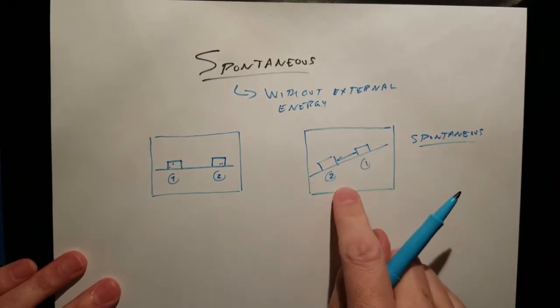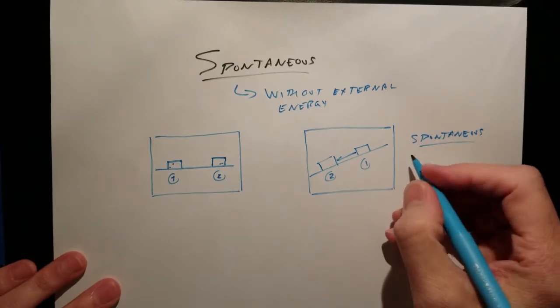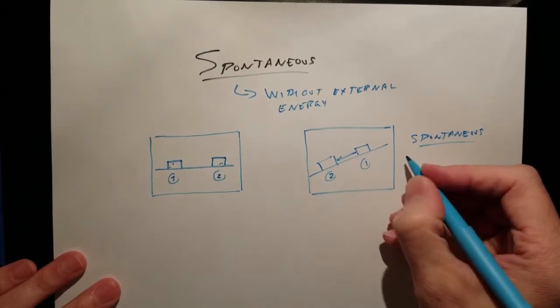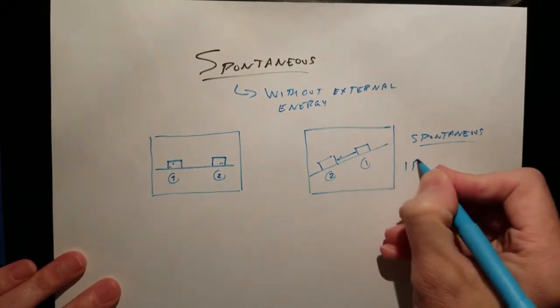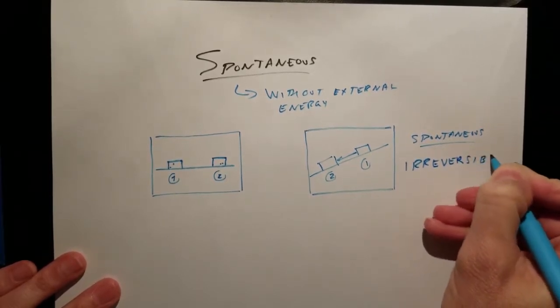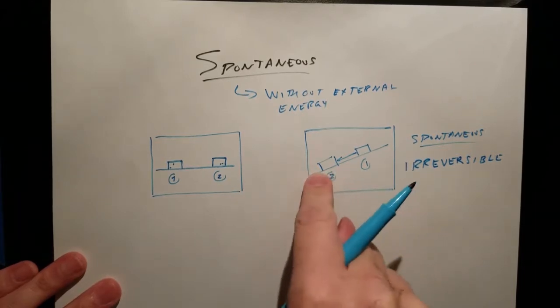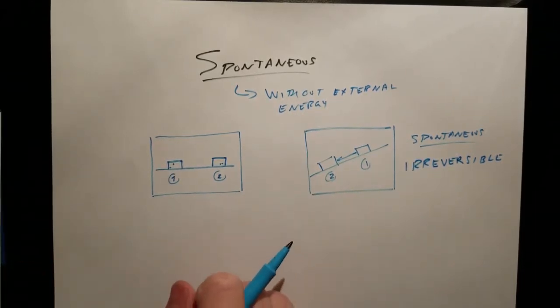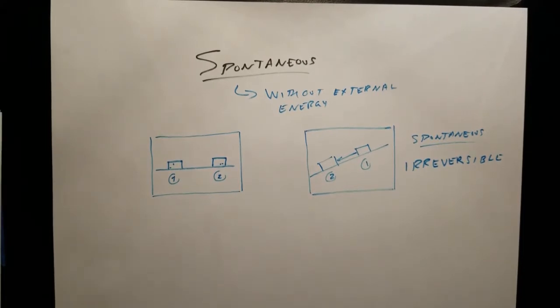To say that a process is spontaneous is also a way of saying that it is irreversible, or there is some component of this that is irreversible. You can imagine here that this can't be reversed without taking your finger in the system and pushing it back up the hill. And this simple picture is the picture that we want to talk about.